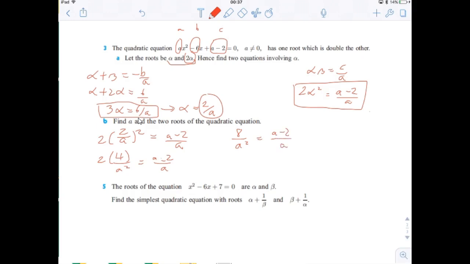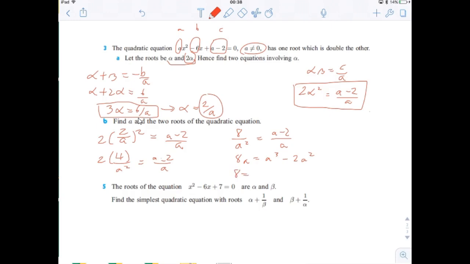Now I can, let's see, I can cross multiply, right? I'll have 8a equals a cubed minus 2a squared. Is that right? Okay. And then, since they said that a is not equal to 0, I can divide everything by a.